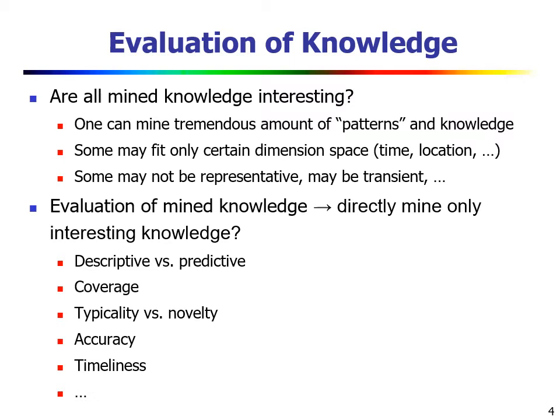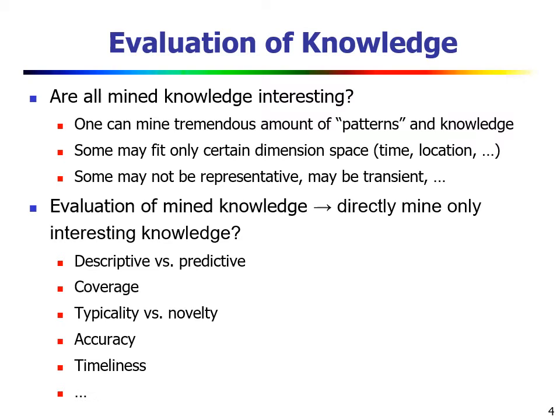Does that mean that cycle and butter are related? It's a definite no. But this can't be understood by the system because it doesn't have the domain knowledge of the cycle and the butter. So it's not necessary that all mined knowledge should be interesting.